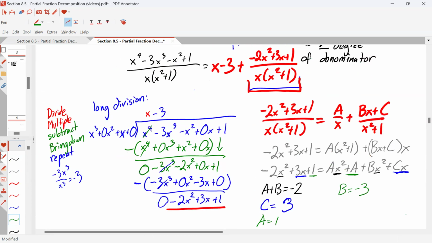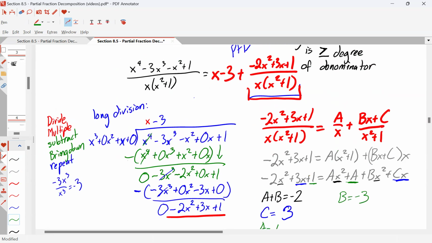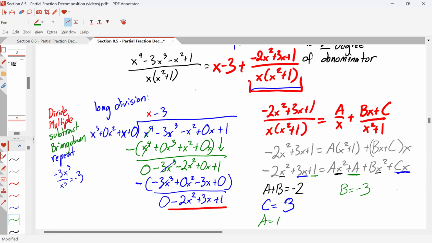That now tells us that x to the 4th minus 3x cubed minus x squared plus 1, all over x times x squared plus 1, is equal to x minus 3 times this fraction. And this fraction breaks into A over x plus Bx plus C over x squared plus 1.